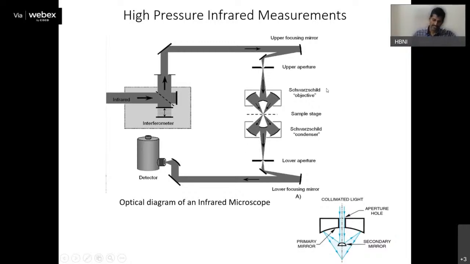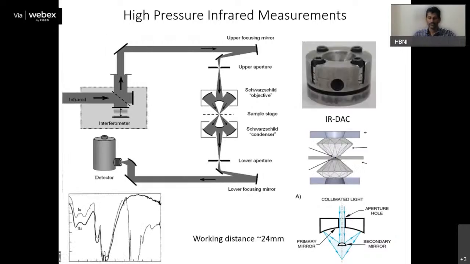When you are focusing using a Schwarzschild objective, the sample to objective working distance is very important in case of high pressure, because you need to put the sample in between these two objectives. So one needs to design a very compact high pressure cell. We have designed a very compact diamond anvil cell for this kind of measurement.